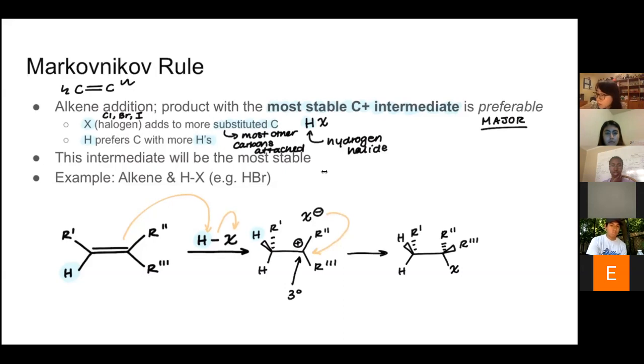And if we want to double check that this follows Markovnikov's, you can go, okay, where did the X go? It went to the carbon that already has the most other carbon attachments. Remember, our R group is usually going to be some carbon with maybe attached functional groups. And your H, which I think is the easier thing to remember, is going to go where the other H's already are. So H goes with H for Markovnikov.